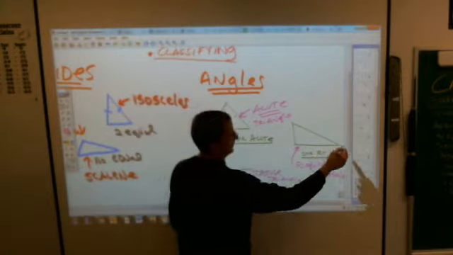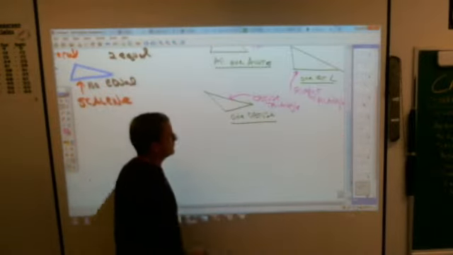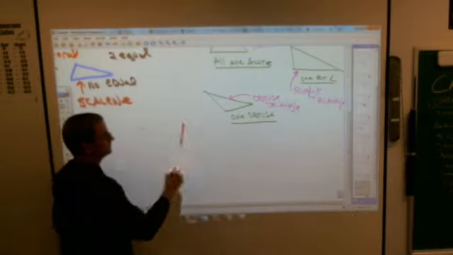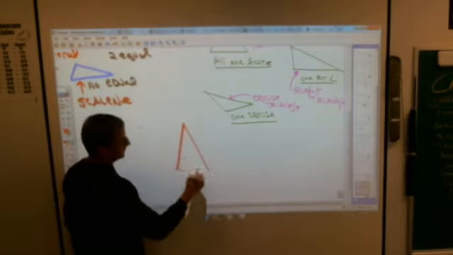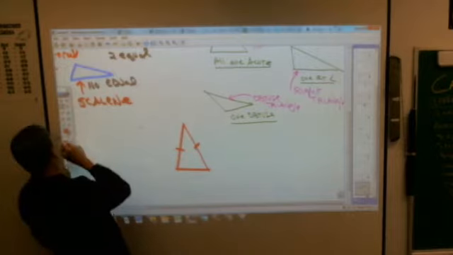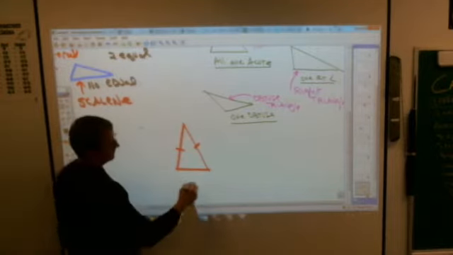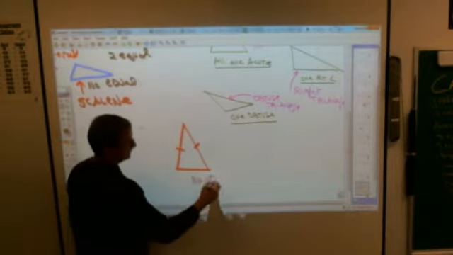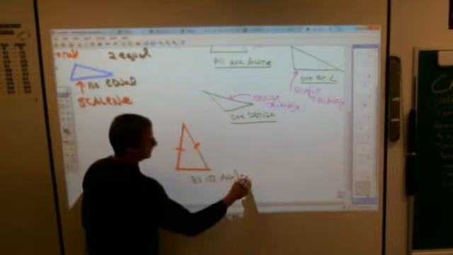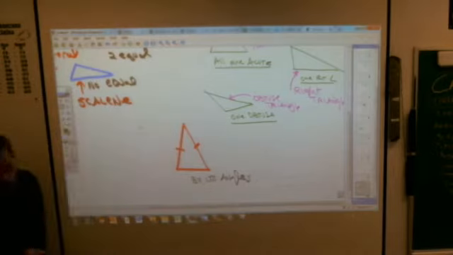Now, here is then our little test on this, and see if you're listening. Let's say I have a triangle, and this triangle here has two equal sides. And I said to classify this triangle by its angles. What type of triangle is this?